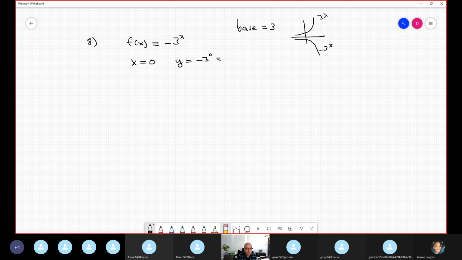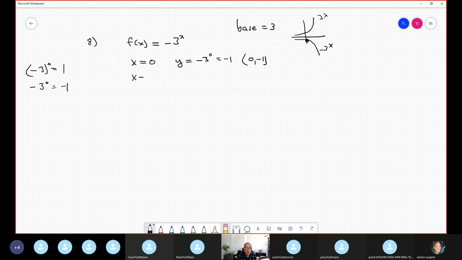Don't get confused, because this minus is totally different. You see (-3) to the 0 power and -(3 to the 0 power), no? This is 1, but this is -1, because this negative is completely out of the base. The point is (0, -1), that point.